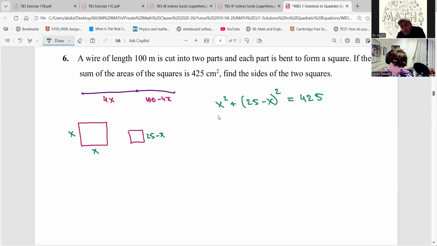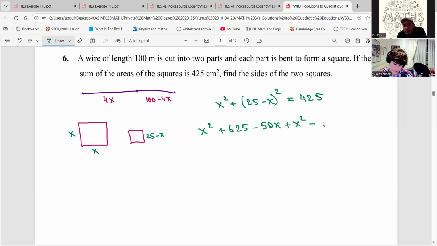First, can you expand this, Yunus? What is 25 minus x squared? It's a minus b squared, right? Expand it. 625 minus 50x plus x squared, plus x squared.